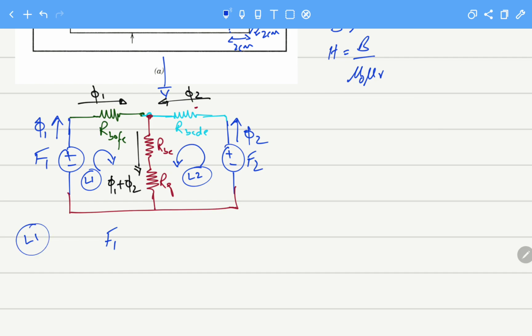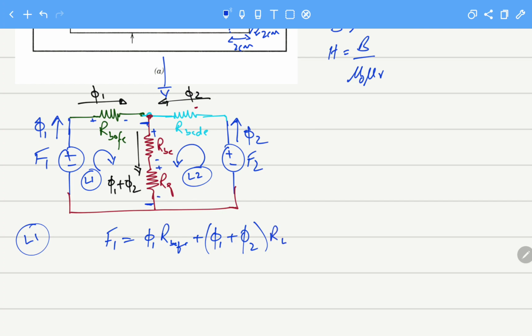For L1, loop 1, F1 equals flux 1 times RBAFE, the drop across this one. And then when we go into the branch, what will be the drop across this branch? The drop across this branch will be the current flux 1 plus flux 2, and the drop across this one and this one.